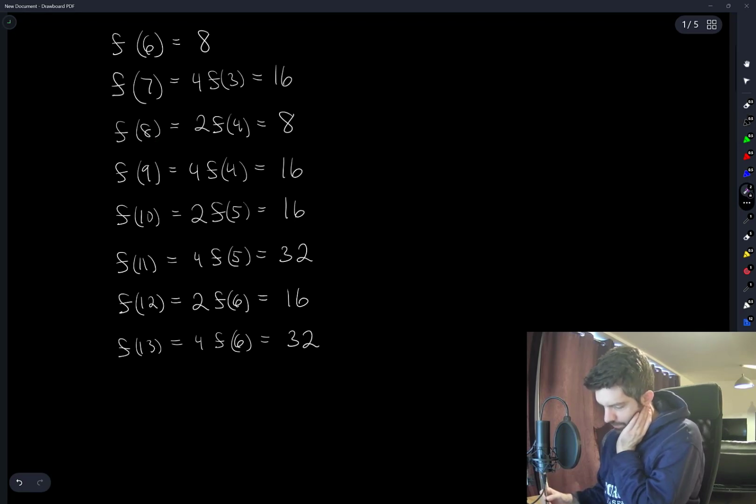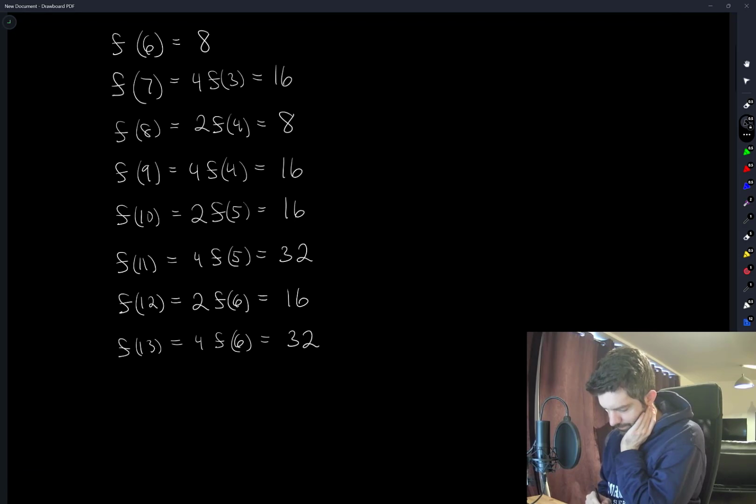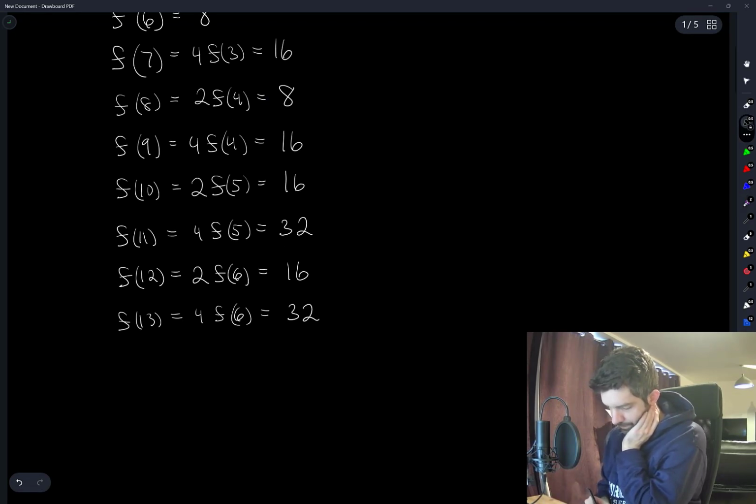f of 16, right? F of 14 and 15 will be 32 and 64. This is the last one when multiplied by 2 or greater, that'll give us 16. So f of 14 will be equal to 32.